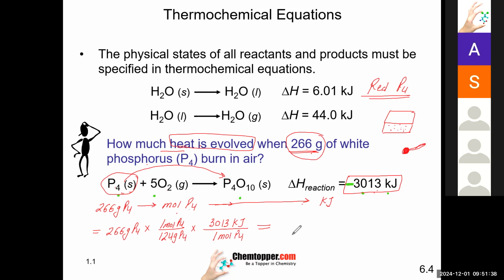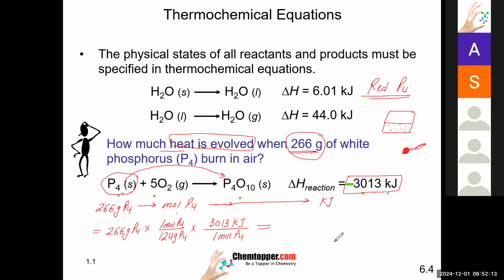Arnav, you have your calculator? Yeah, Arnav, very good. What's the answer, children? Yes.